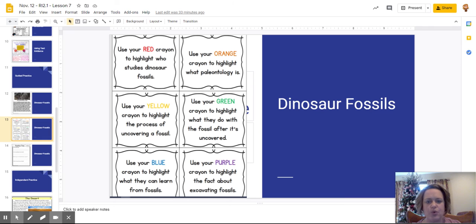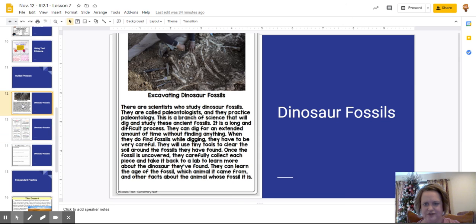So now, attached to your second page or attached to your packet, you have this page and it has some questions on it with colors. So this is where your crayons are going to be helpful for you. So the first question says, using your red crayon, highlight who studies dinosaur fossils. So who do we know studies dinosaur fossils?